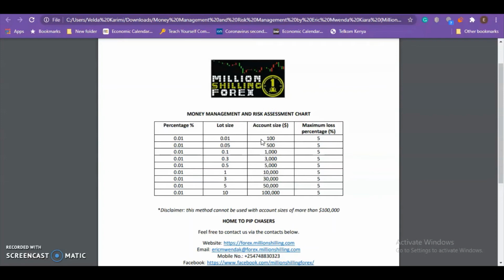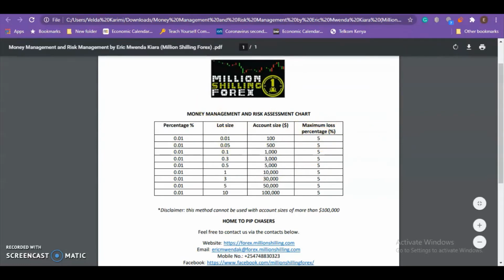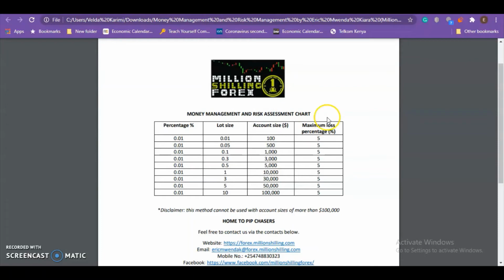But 5% is also so good if you can manage a 5% maximum loss. Yeah, 5% would actually be $5. So for 0.01 to give you a negative $5, it means that the graph has fallen against your position by 50 pips. That's a lot.